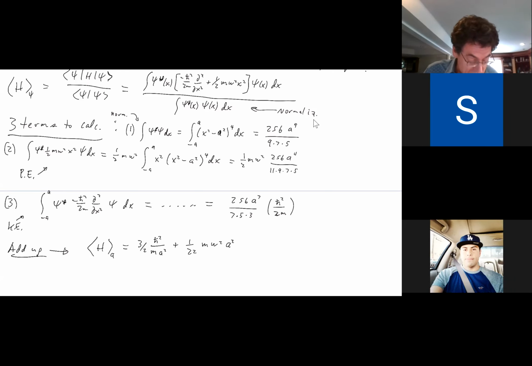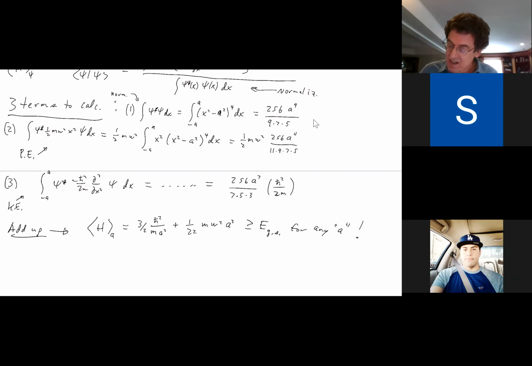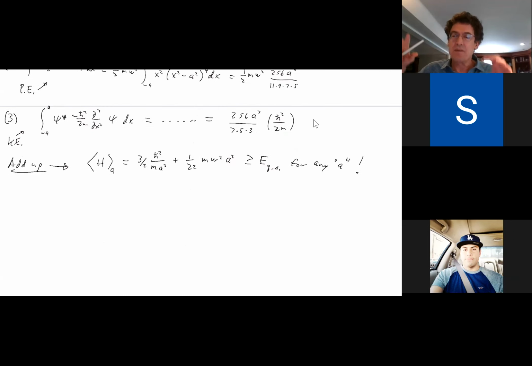Okay, so this is my expectation value of my Hamiltonian, and so I know that this is greater than or equal to the energy of the ground state for any A. So no matter what A you plug in there, it's got to be that. The theorem we proved tells us it's got to be greater than the ground state energy. So let's find the A that minimizes this.